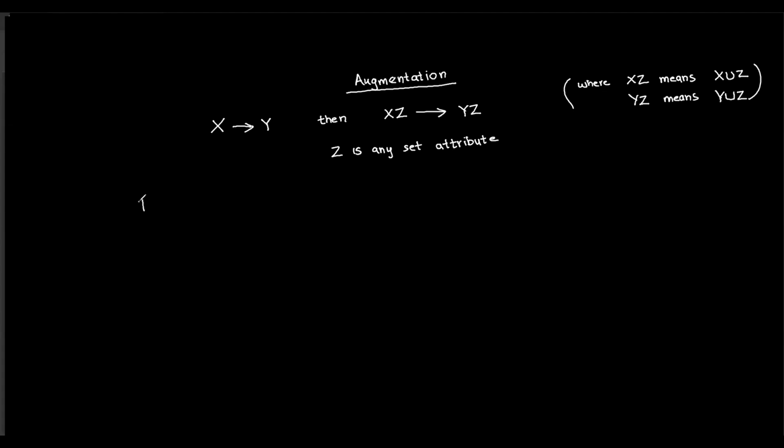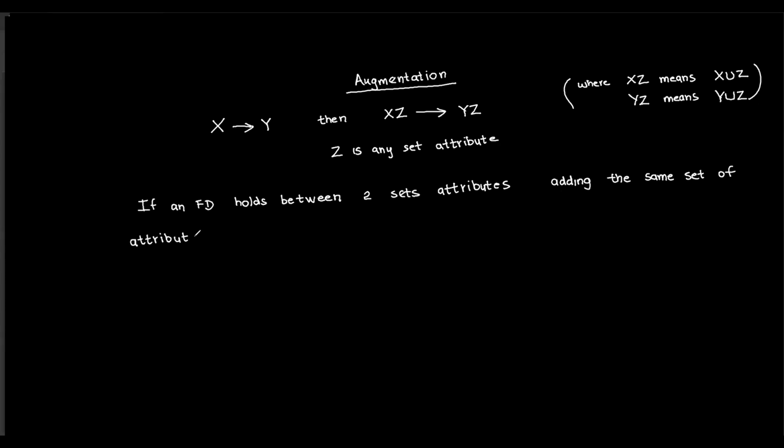So if an FD holds between two sets of attributes, adding the same set of attributes, which is Z in this case, and the two sets are X comma Y in this case, the same set of attributes Z to the right side and the left side.